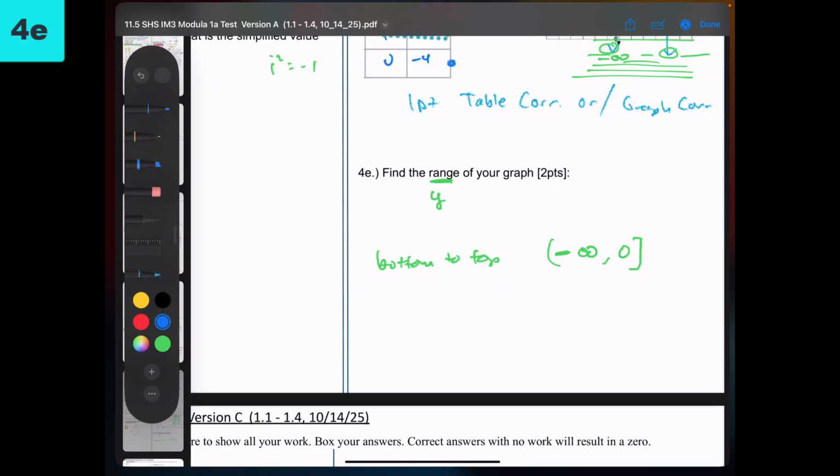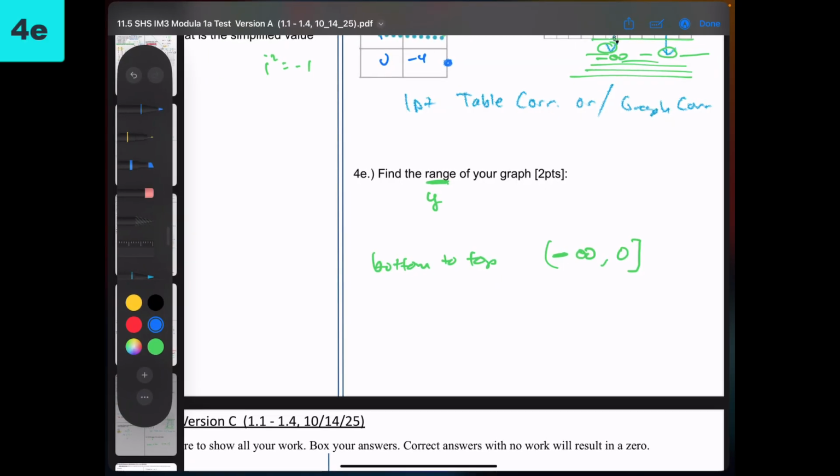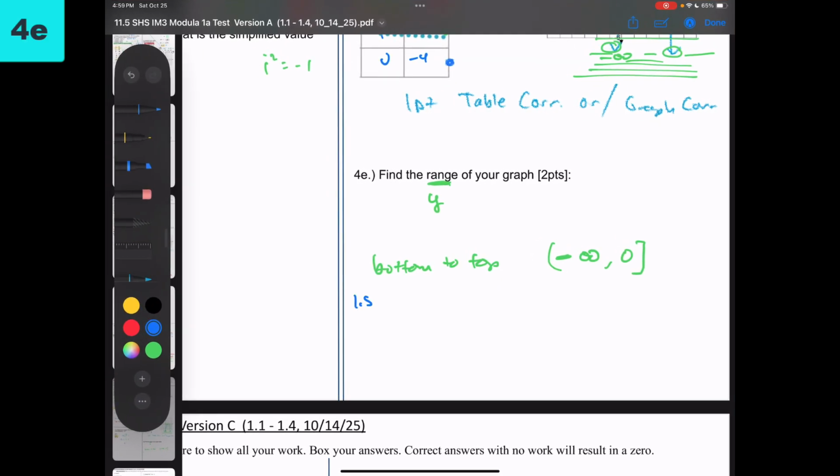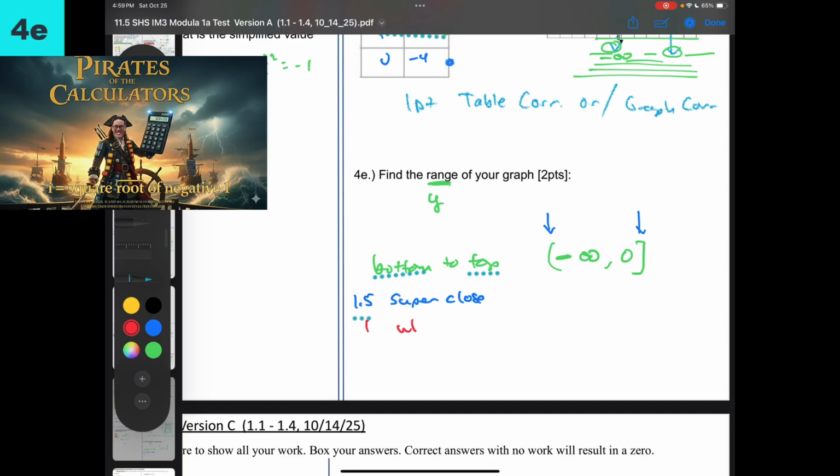I gave you 1.5 points, partial credit, if you were super close. That just means like maybe you have a bracket right here, or you have a parentheses or something like that. 1 point if the whole side, one side, was correct.